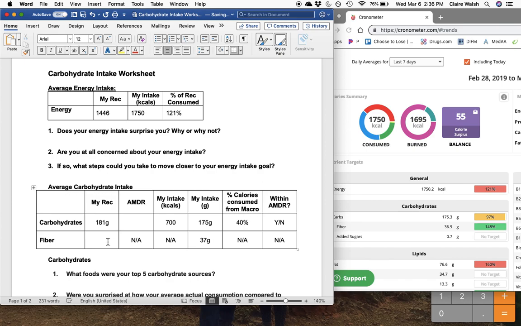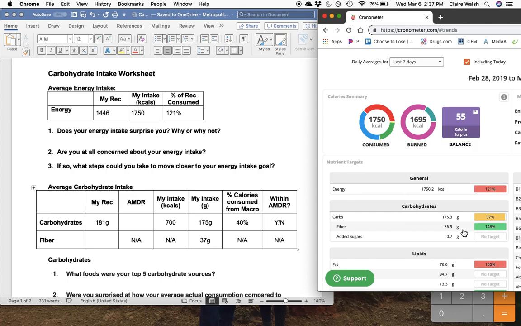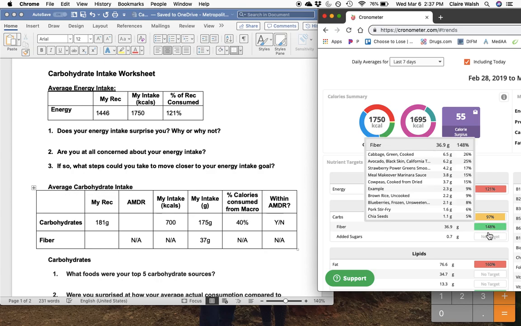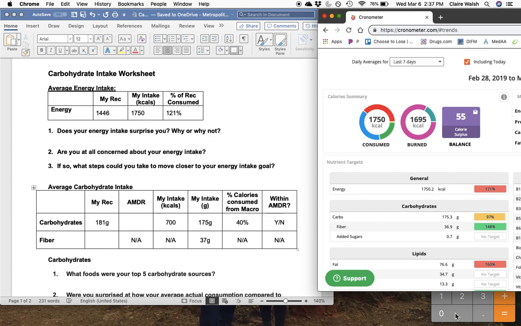And now you need to do a little bit of backwards math to figure out your recommended fiber intake. So I can see here that it says I consumed 36.9 grams of fiber, which is 148% of my recommended fiber intake.